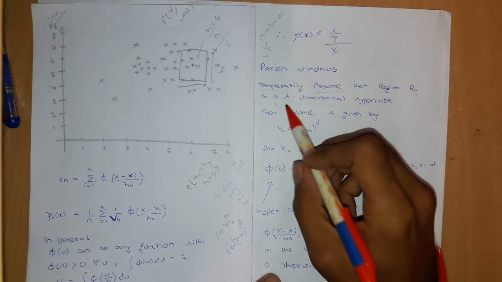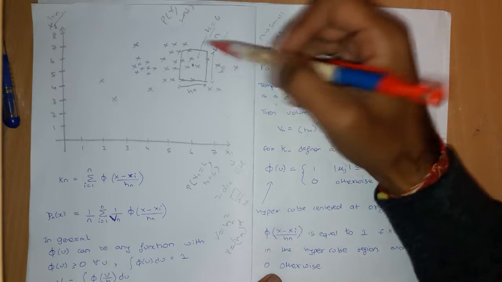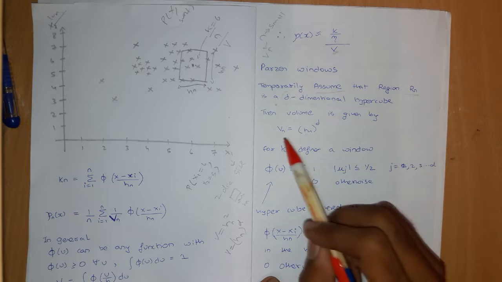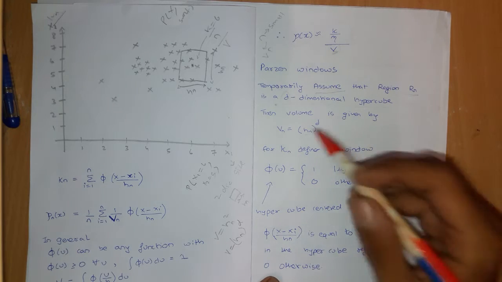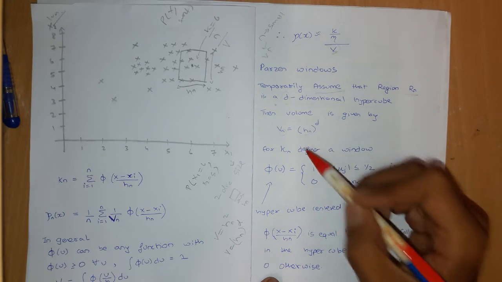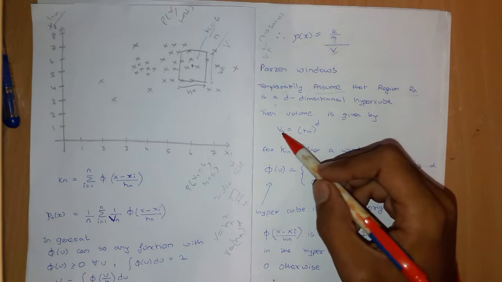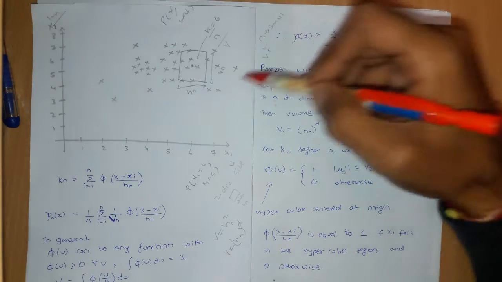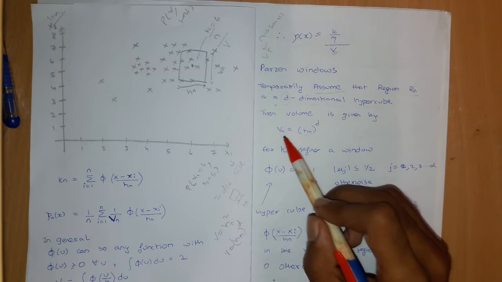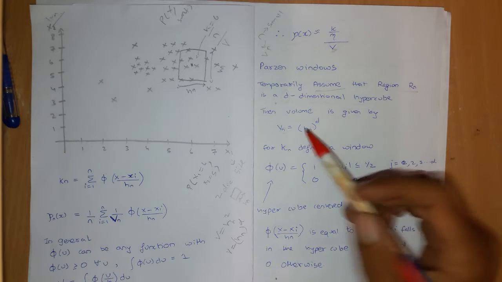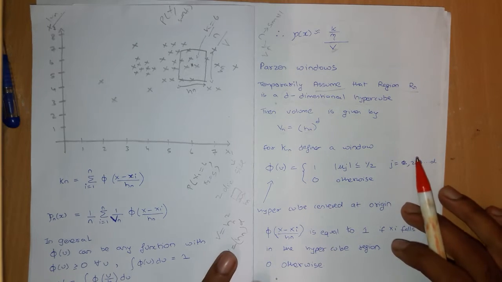So I am assuming that the region is a cube, and the volume is given by hn raised to d. Also please note that I am denoting this small n as a subscript. This basically stands for the number of samples over here. This will be useful in my further derivation.